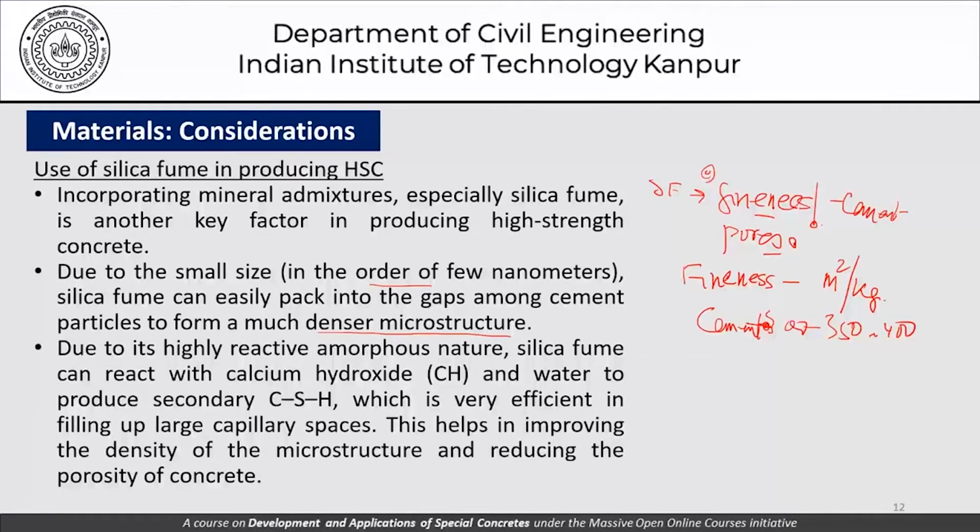My question to you is, what is the range of this unit in square meters per kg if we are using condensed silica fume? Try to find this out from literature and you'll be better educated to understand the argument that silica fume particles could physically sit in the pore spaces of cement paste, making it denser.